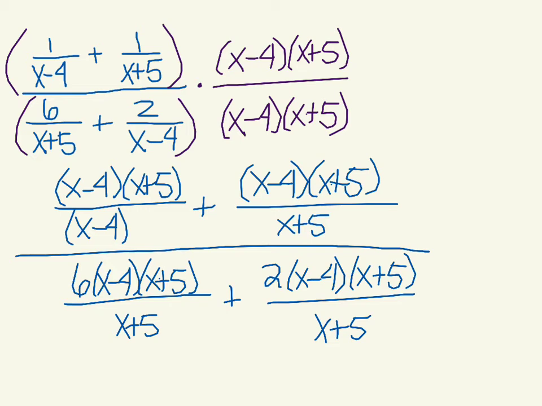And now I see that a lot of stuff cancels. In fact, the idea behind this method is that after I cancel with this step, I should be left with no more complex fractions. It should be simplified into just a single fraction. So x minus 4 cancels with x minus 4. X plus 5 cancels with x plus 5. X plus 5 cancels with x plus 5.